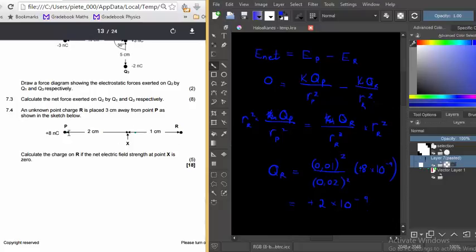So in order to give the same effect as 8 nanocoulombs that is double the distance away, it only has to be a quarter of the charge.